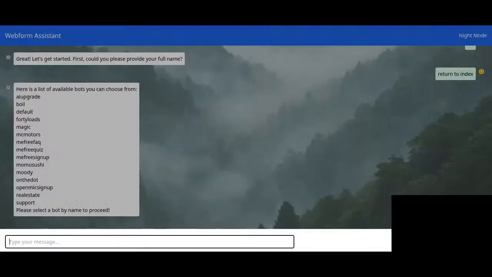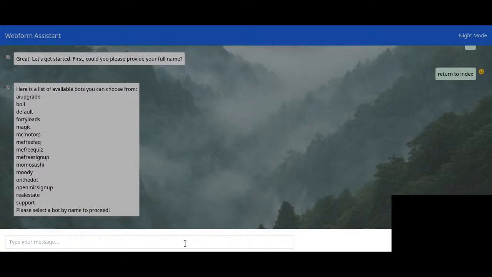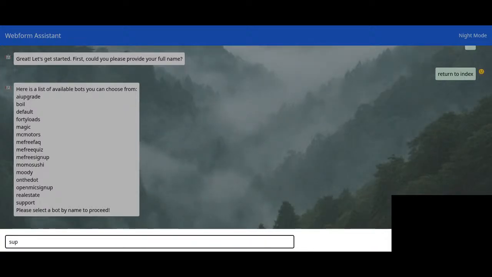The first thing I should look at is the switching mechanism that I already have, that I've demonstrated here. You know, this one right here that says, or I can say support.